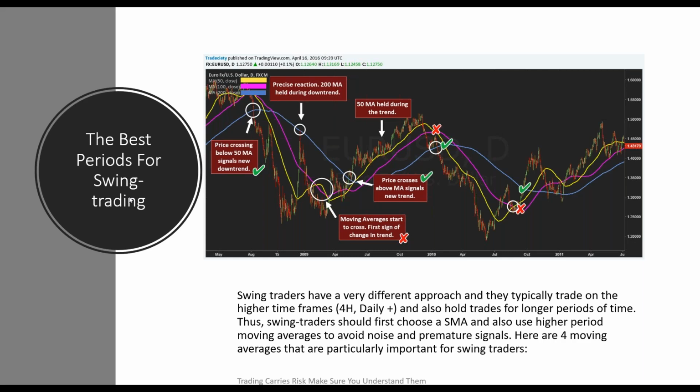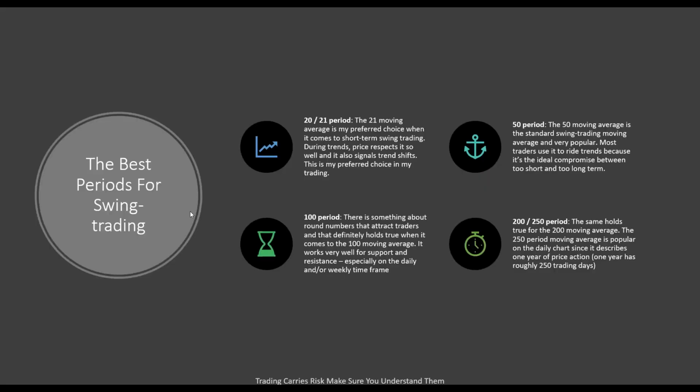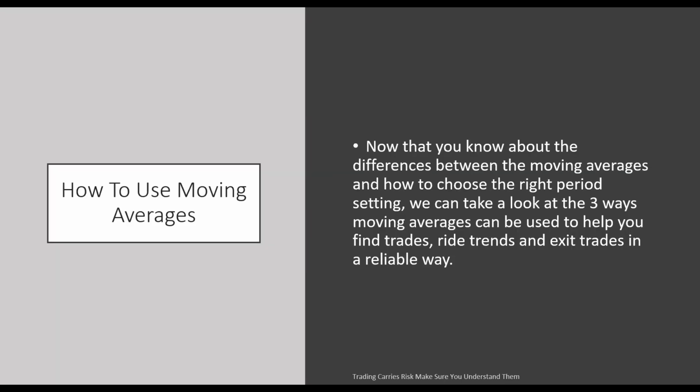You're moving into swing trading, but you're looking at a longer term approach. So the best periods for swing trading are a 21, a 50, a 100 and a 200 period moving average. So how that has now changed is that we're looking at something where we're going to be in a trade for a longer period of time.